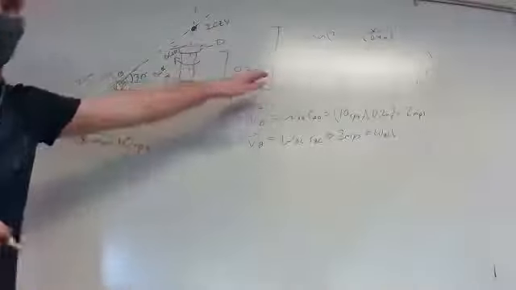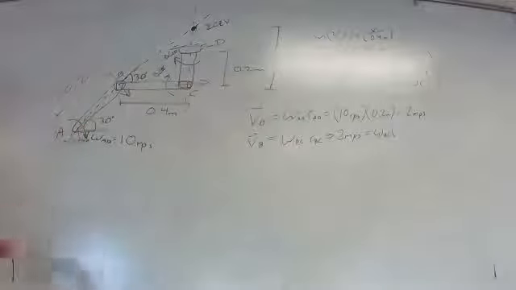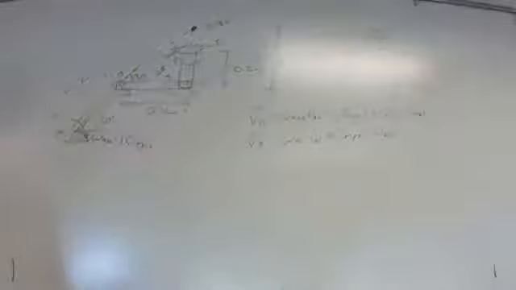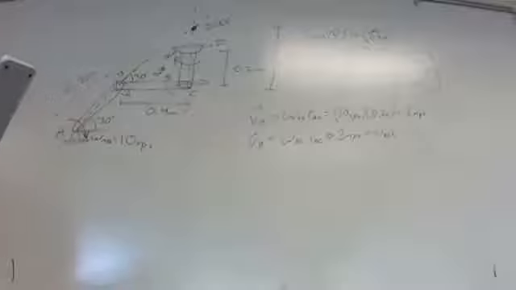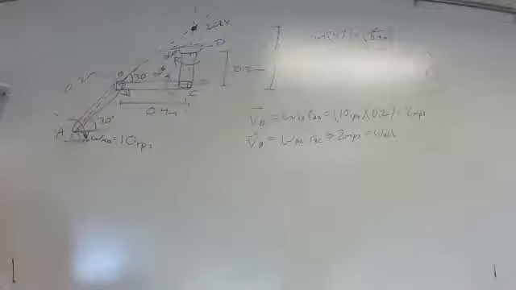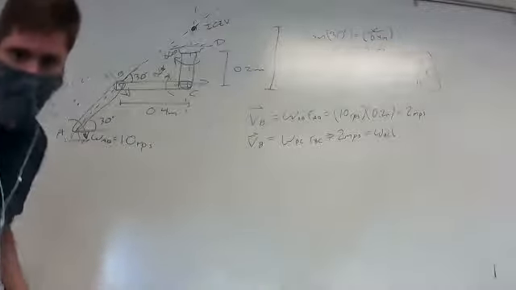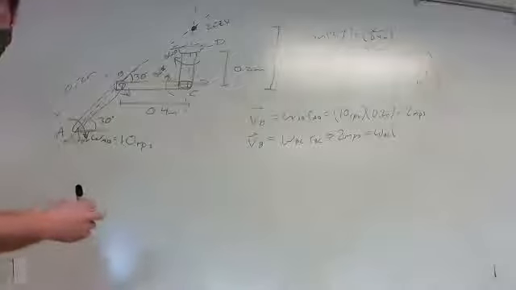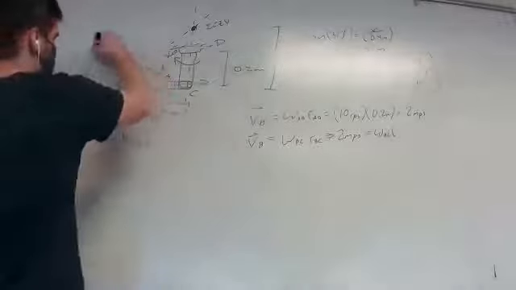So they say 0.4 squared plus 0.231 squared, and then square root that. So 0.619.